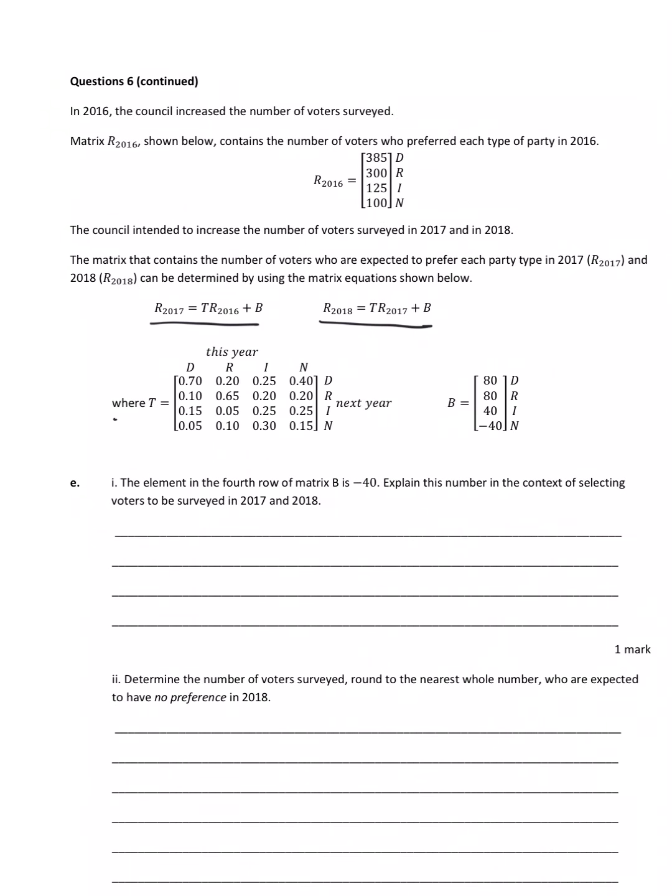We've been given a transition matrix, and we've also got this addition as well. Just interpreting this B, we're adding 80 Democrats, 80 Republicans, 40 Independents, and 40 less people are not voting each year or have no preference. So I'll rub that out as well.